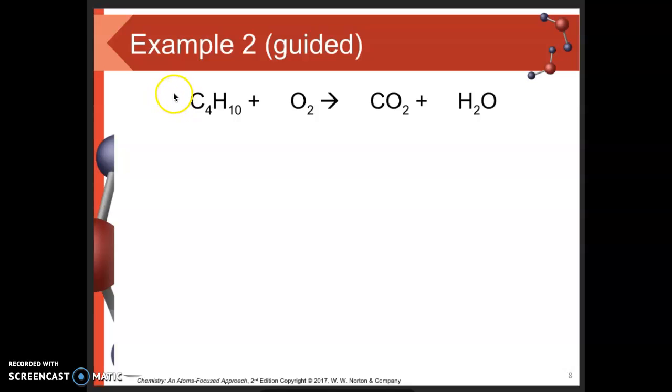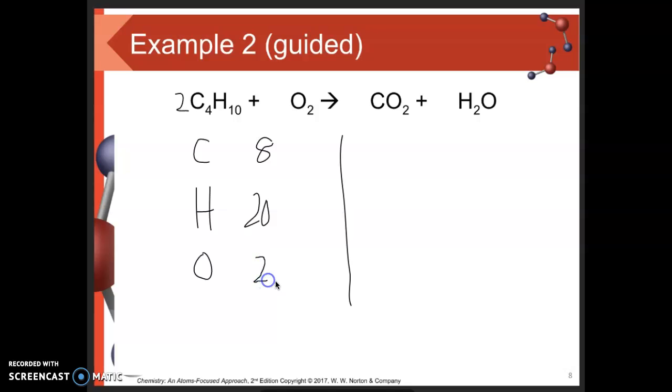And so what that means is if I start with 2 of the butanes, 2 C4H10s, and take it from here the rest of the way, carbon, hydrogen, oxygen, I now have 2 times 4 for 8 carbon, 2 times 10 for 20 hydrogen, and still 2 oxygen at the start. If I carry that over onto the other side, my 4 carbon dioxides now become 8, my 5 waters now become 10.